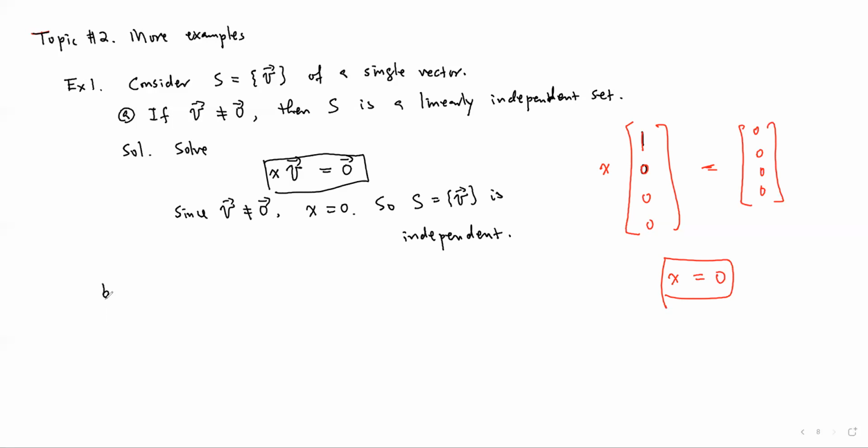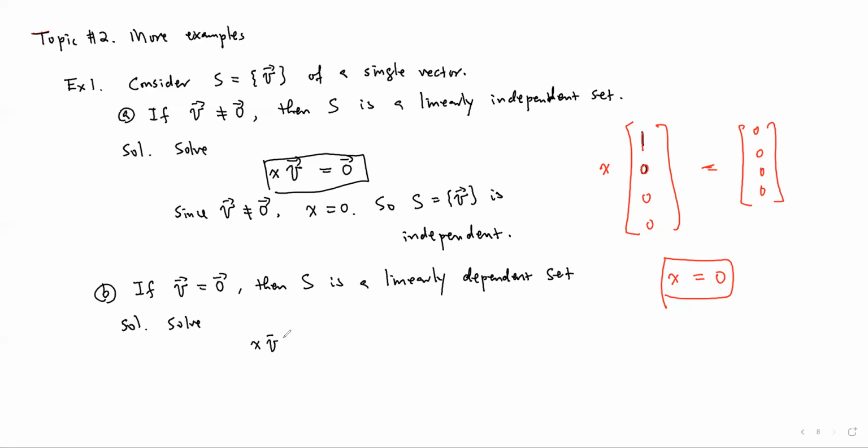Now B: if the vector is a 0 vector, then S is a linearly dependent set. How to answer this question? Definition. How to know the set S is a linearly dependent set? Solve this vector equation.